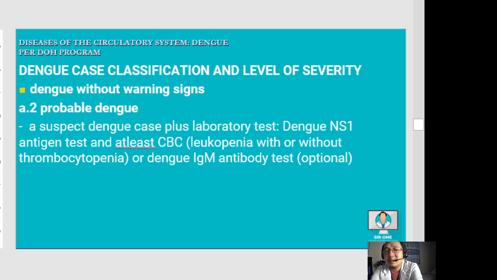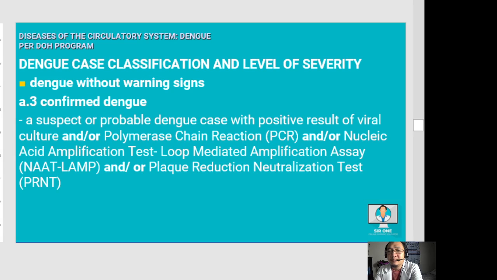It is probable if the suspect case has a laboratory test of dengue NS1 antigen test and at least a CBC or dengue IgM antibody test, which is considered optional by the Department of Health. Then confirmed dengue if a suspect or probable dengue case has a positive result of viral culture and or PCR, or the NAT LAMP test, or even the PRNT test.